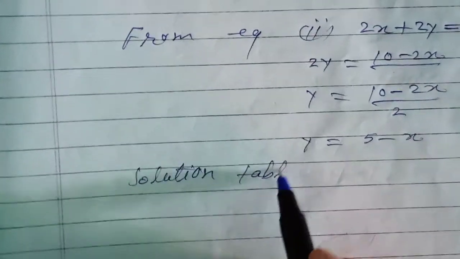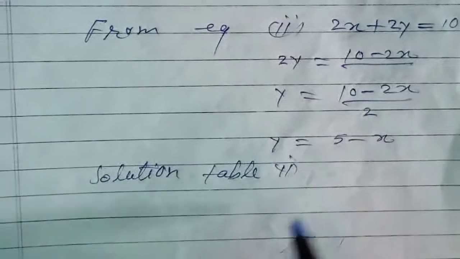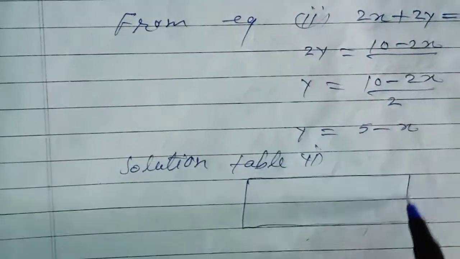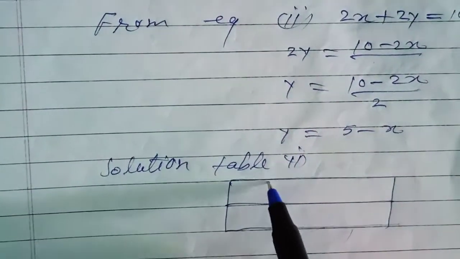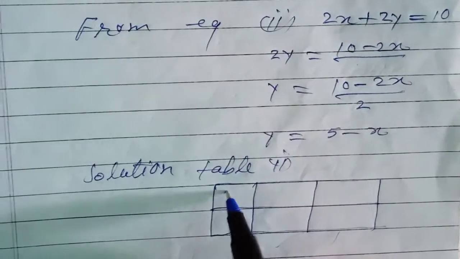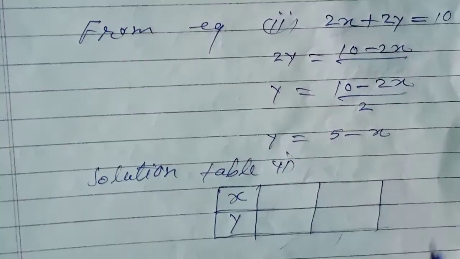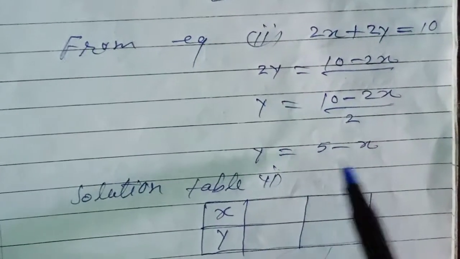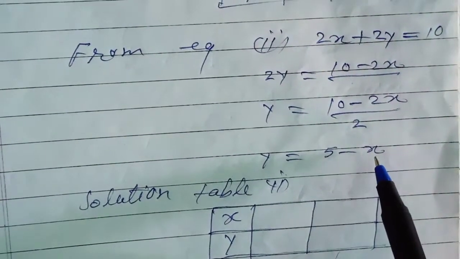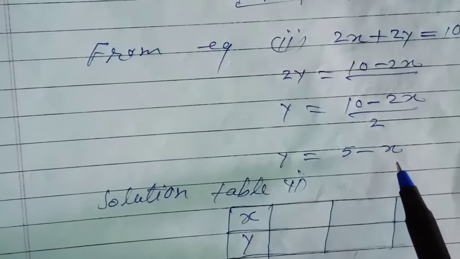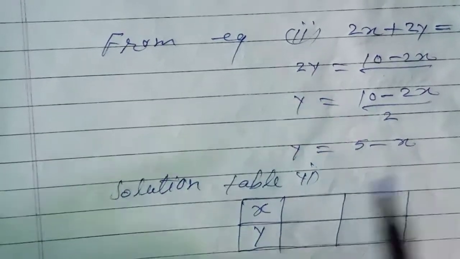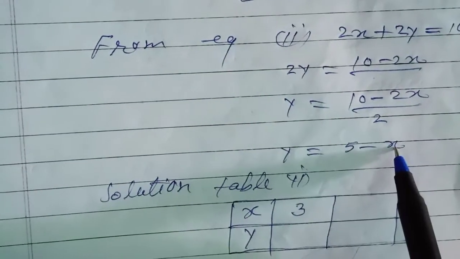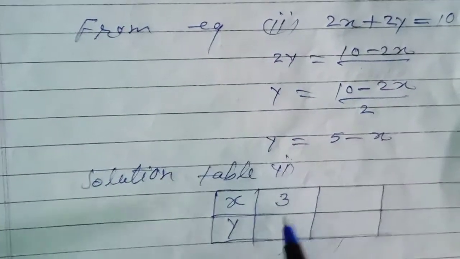Solution table second: x, y. Let us take x is equal to 3. If x is equal to 3, then y is equal to 5 minus 3 is equal to 2.